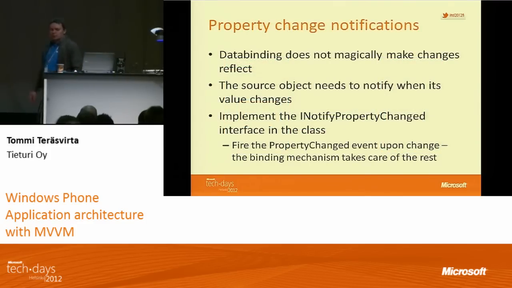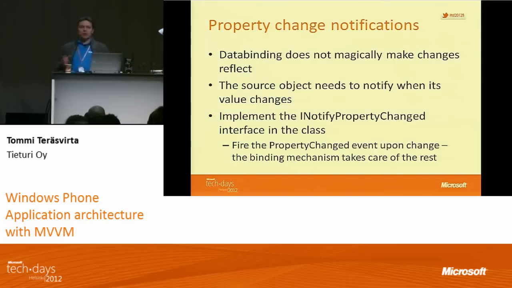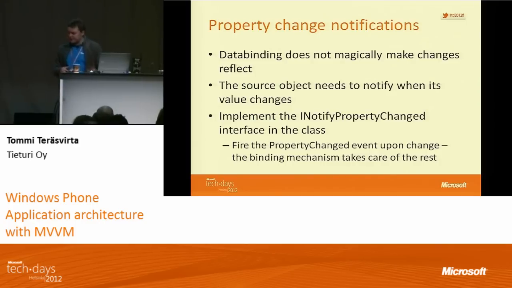Now, we don't write event handlers ourselves, but we do need to get into the event handling. Our source property needs to fire a property change notification. Then, when we do data binding, the property change notification goes to the binding mechanism with the binding object, and we find the target property, and the target property will change if needed.